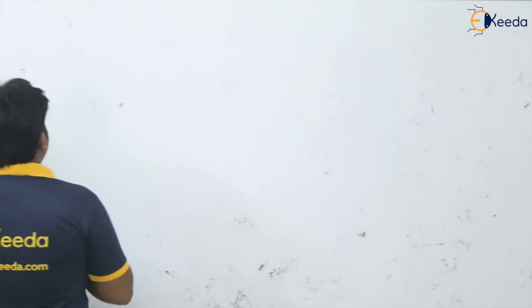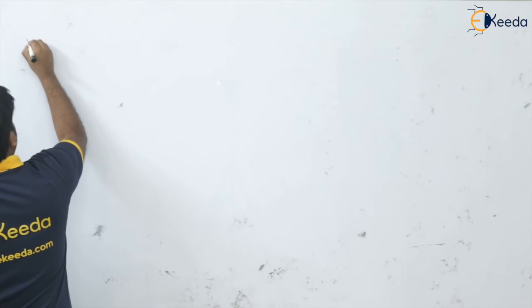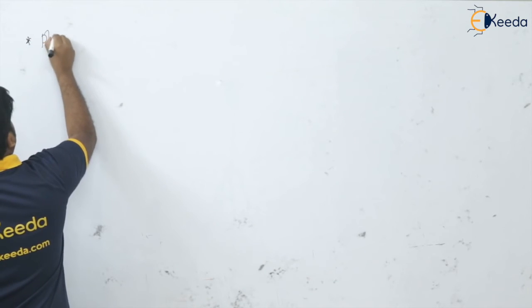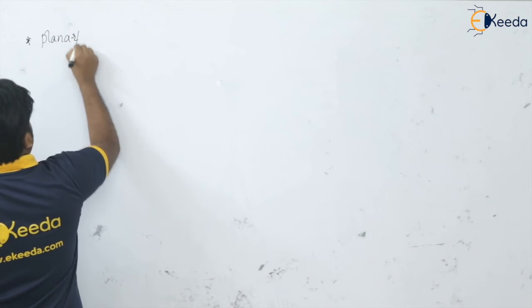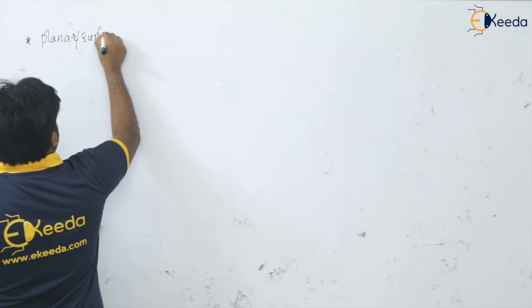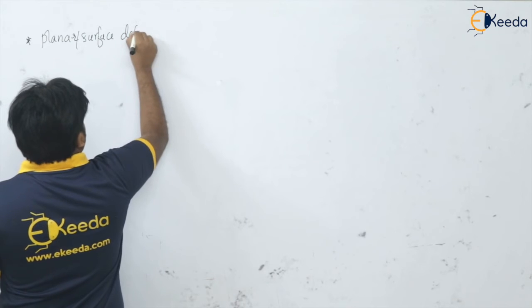Dear students, after seeing the point defect and line defect, now we are going to see the planar or surface defects. The planar defects, which are also known as surface defects.